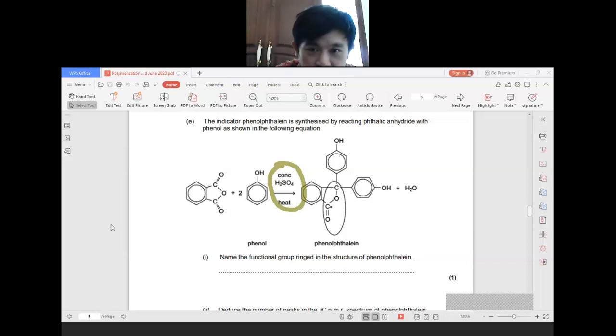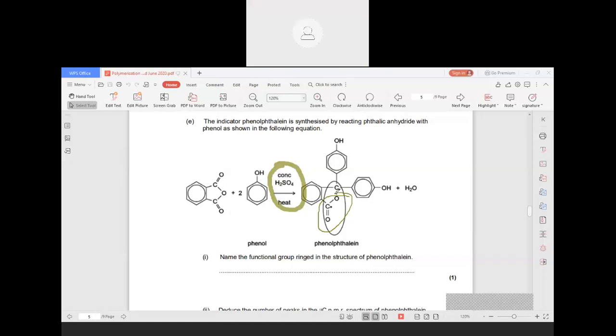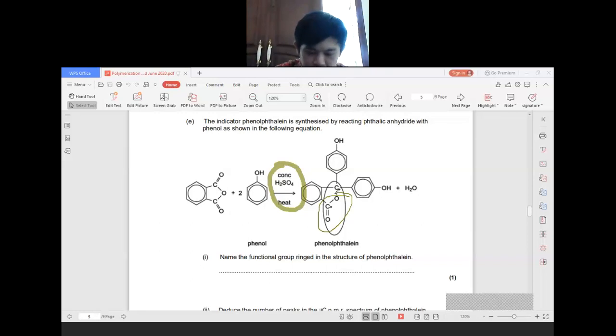So this will become an ester, COO. It is just a normal ester. This is the ester linkage, and the functional group is ester, of course.